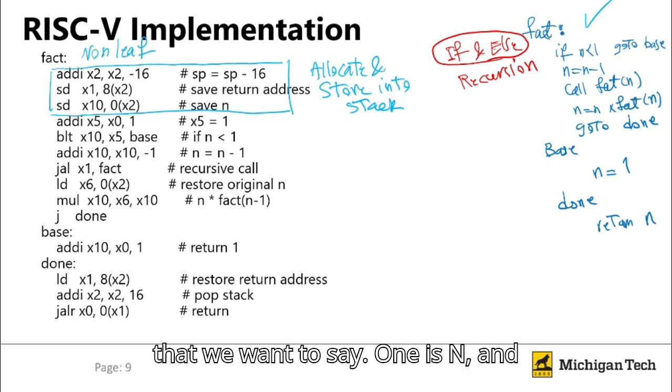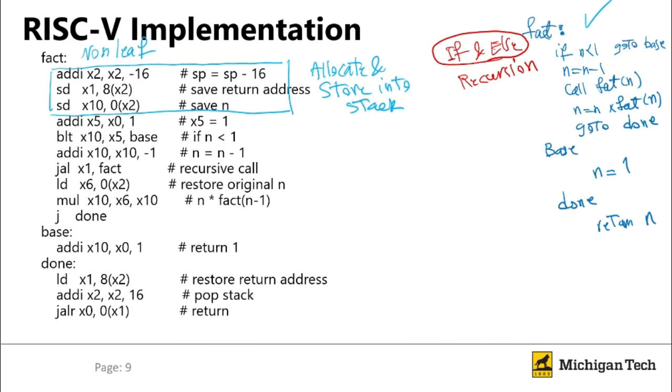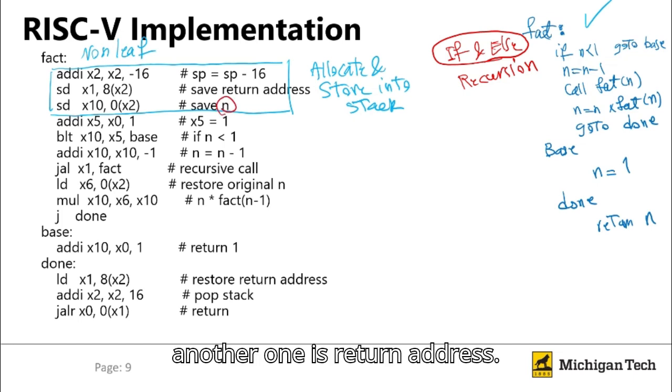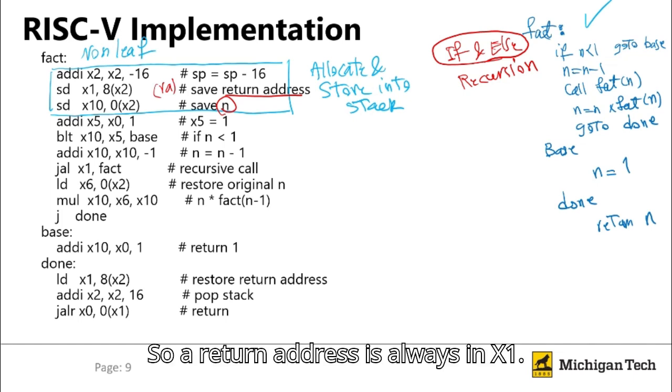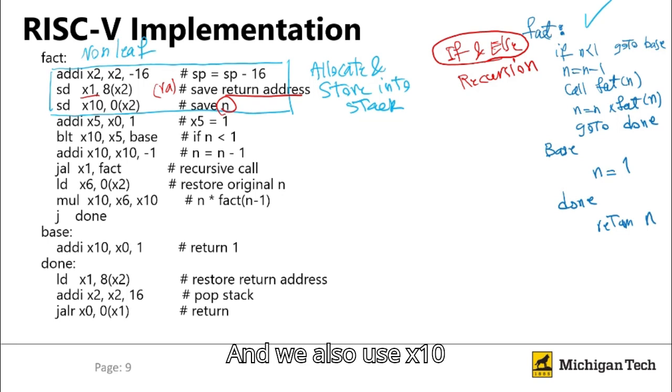We want to save two things: one is n, and another one is the return address. The return address is always in x1, and we use x10 for n.